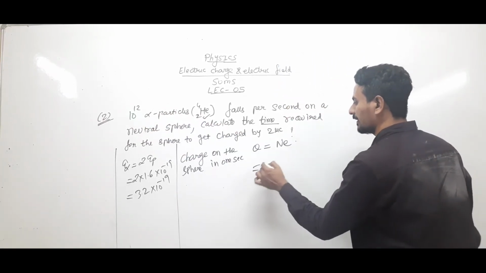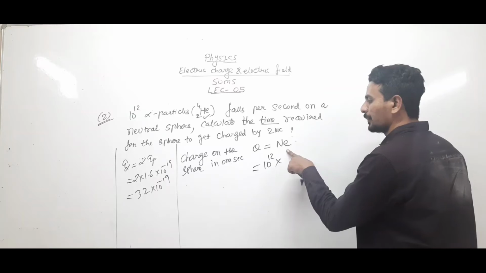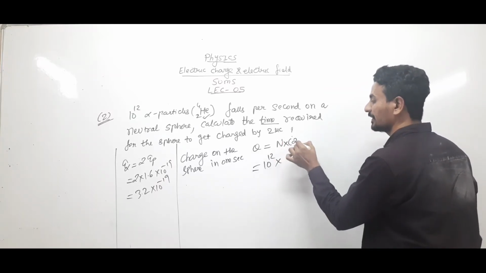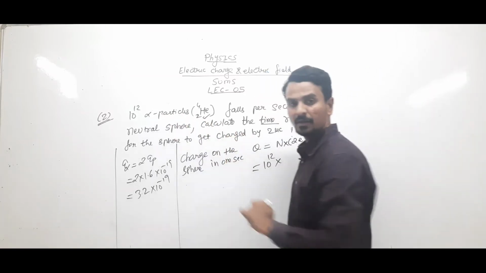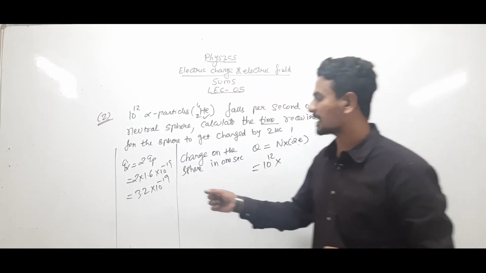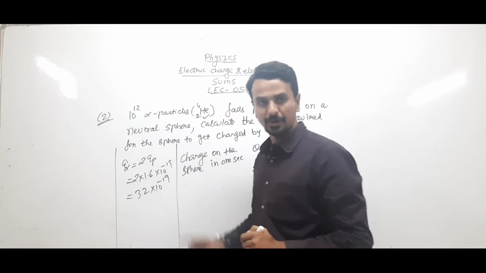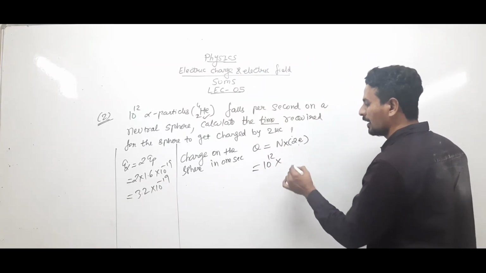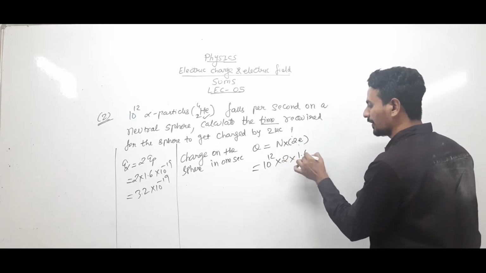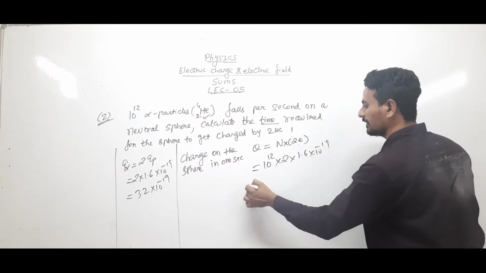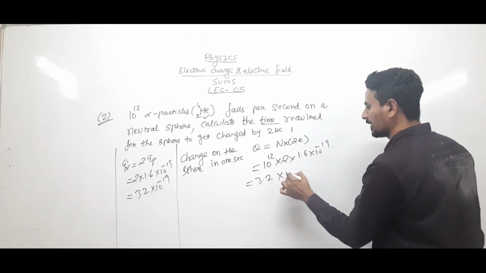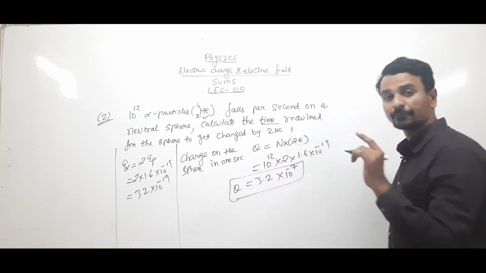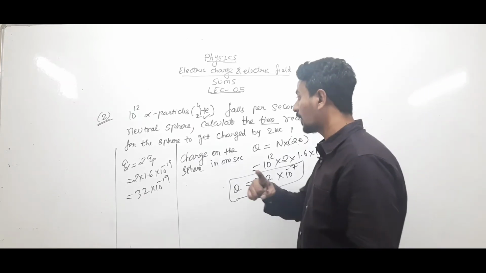So this will be 10 raised to 12 into, but we will have to place 2 times E, because in the question it has been said that they are alpha particles. So it has a charge of 2 times the charge of electron or proton. So this will be 2 into 1.6 into 10 raised to minus 19. So this is finally 3.2 into 10 raised to minus 7. Okay, so this much is the amount of charge a sphere is gaining in 1 second.